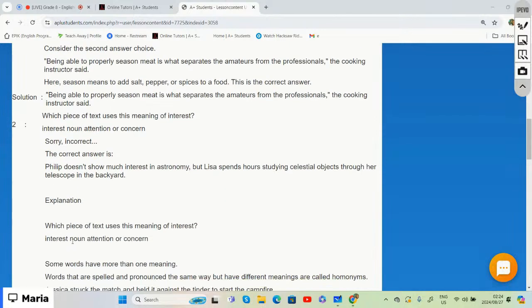All right. If we go into the next one, it says, which piece of text uses the meaning of interest?